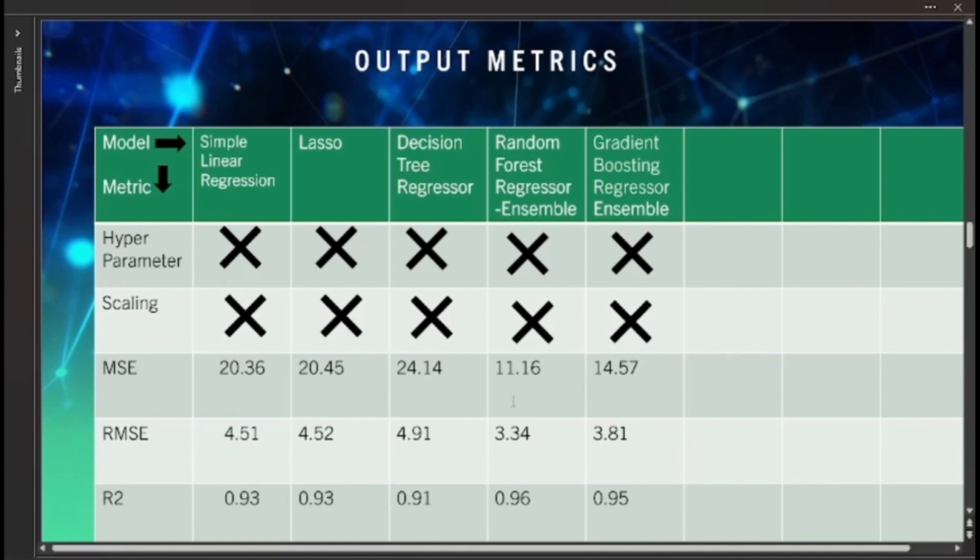So we can see a lot of improvement in the random forest regressor using ensemble. And there's an improvement in the gradient boosting regressor as well compared to the first basic three algorithms we have tried. So now we will move on to trying hyperparameters and scaling.